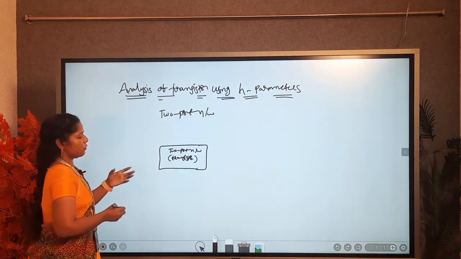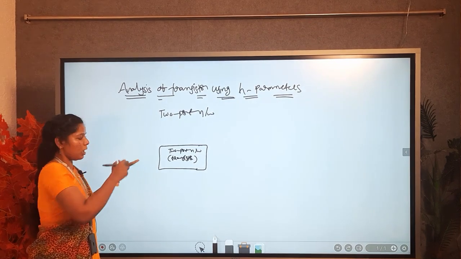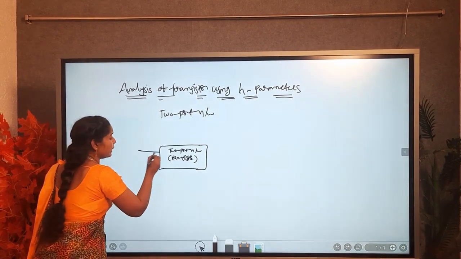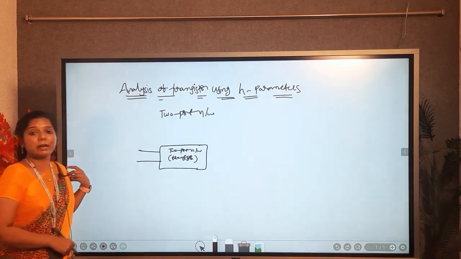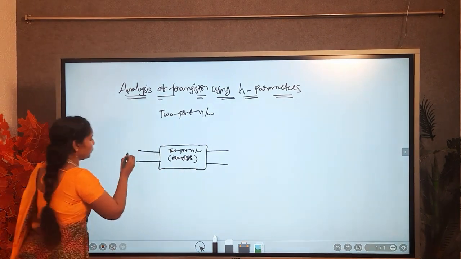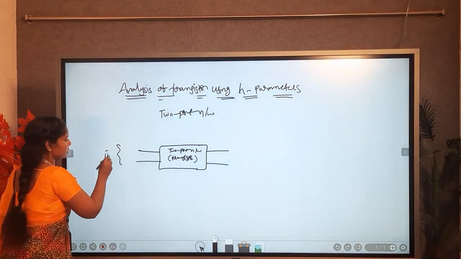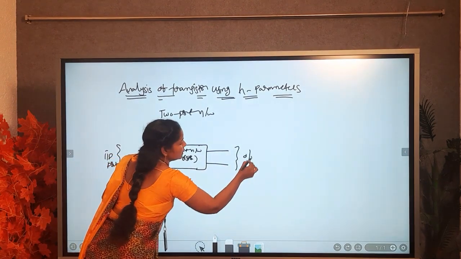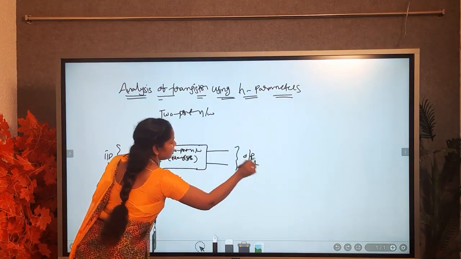Instead of the transistor, we replace it with the two-port network, so the transistor and the two-port network are the same. The name itself tells that there are two ports. One is the input port, and one is the output port.